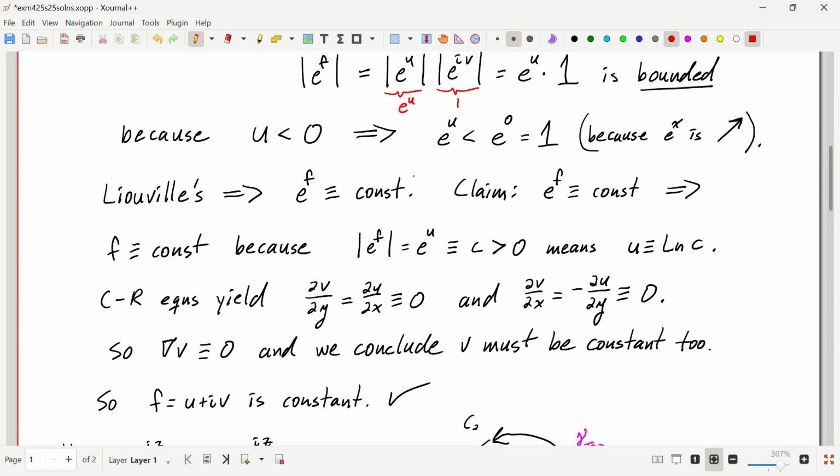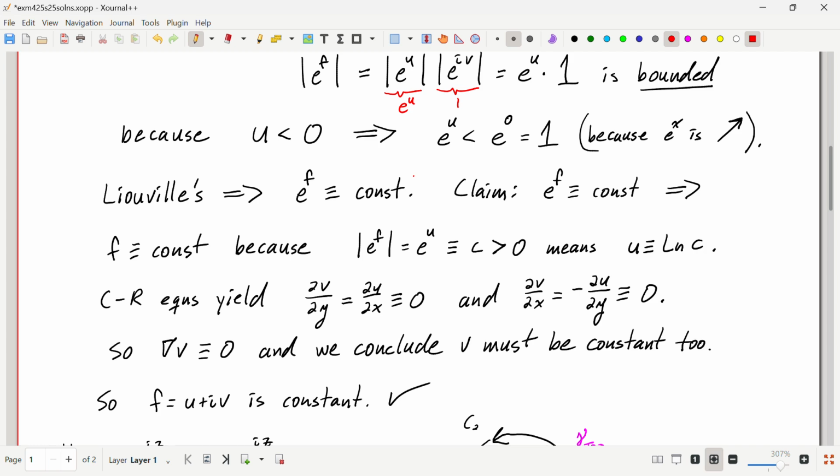Therefore, e to the f is what? Oh, I'm sorry. We know that e to the f is constant. So therefore, the modulus of e to the f would be e to the u. That's a real constant. Okay, that's the formula above.